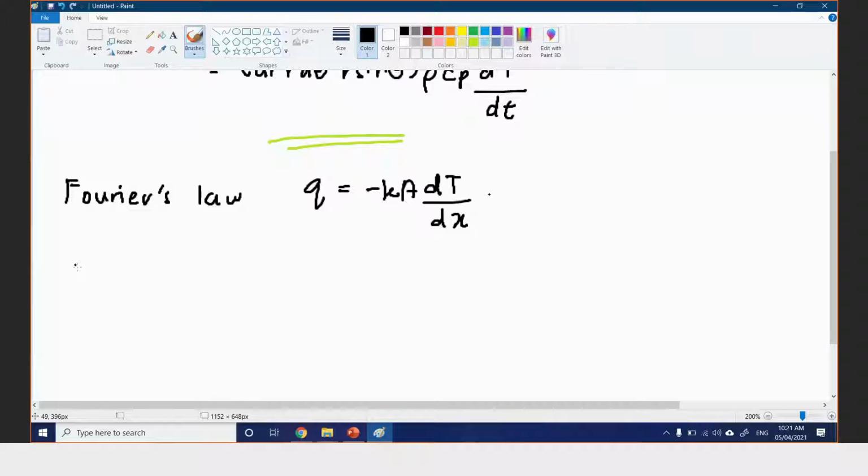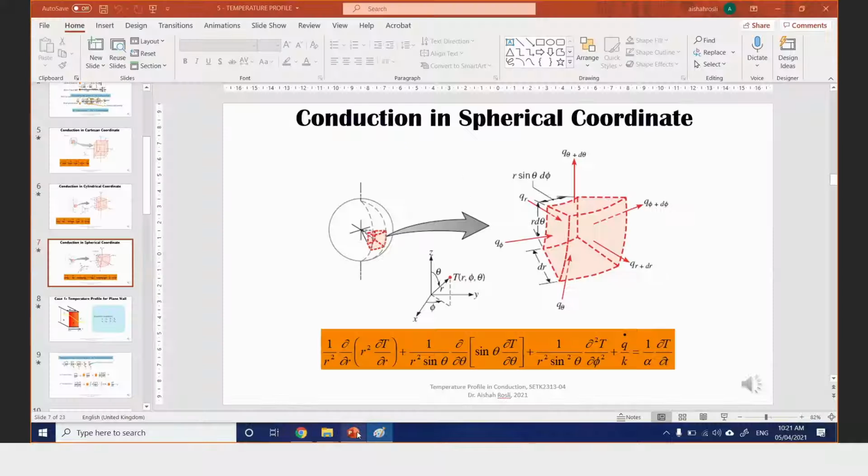So for Q_r, we have minus k dT over dr, and A is the height times the length.